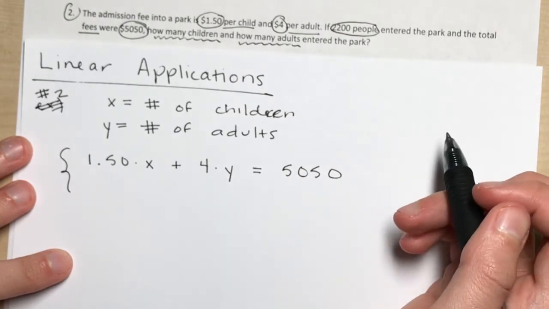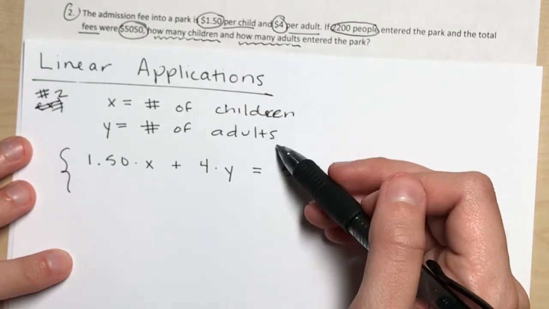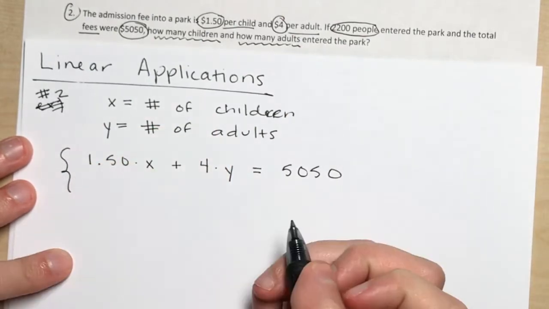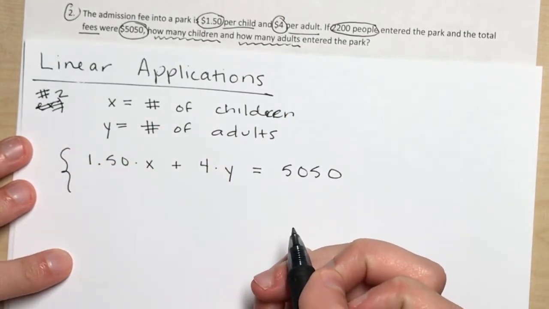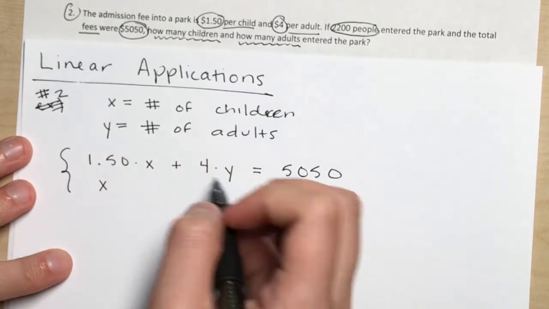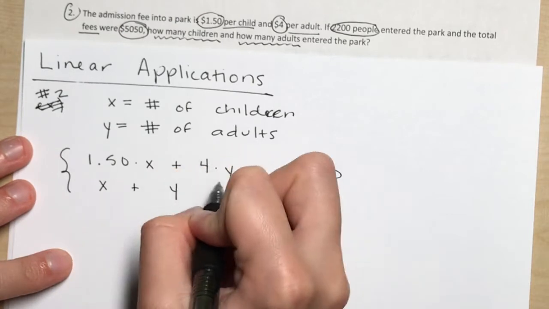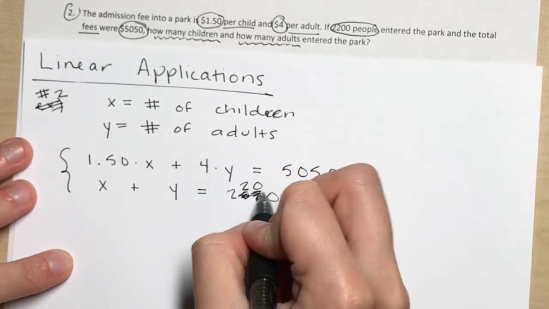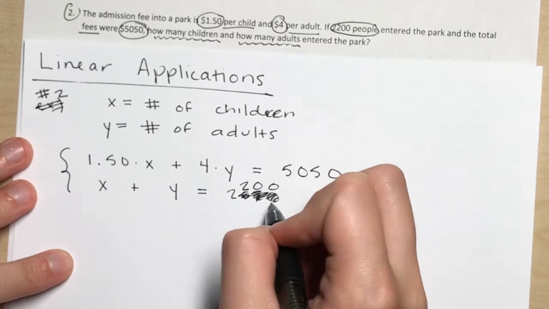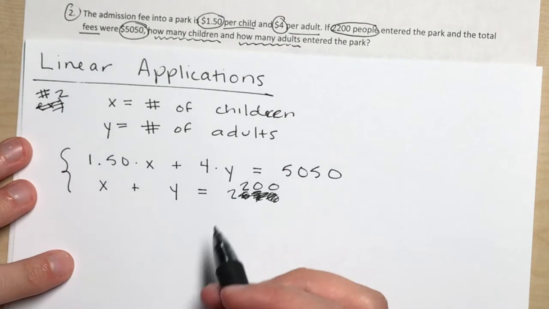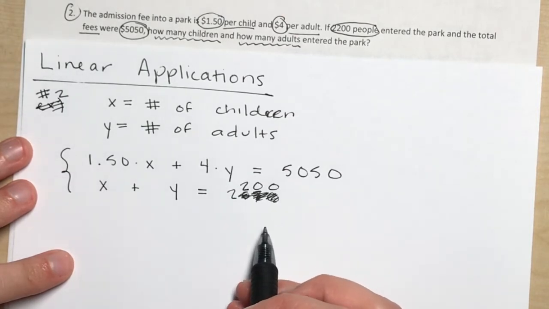So that should be the number of children plus the number of adults, X plus Y equals 2,200. Great. This is our system of equations.